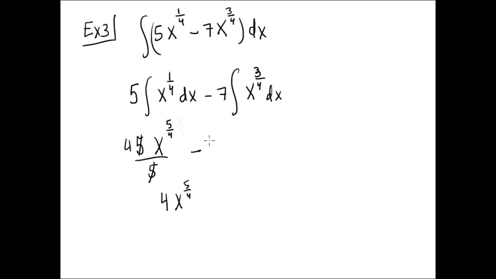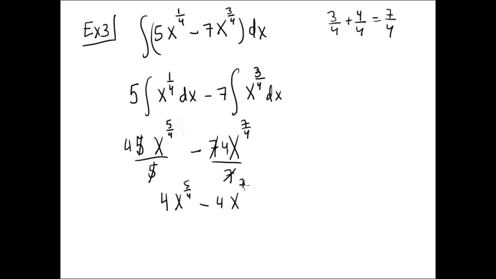Let's do the second. Minus 7 x to the 3 over 4 plus 1. And 1 is 4 over 4. So 7 over 4. The exponent is 7 over 4, divided by 7 over 4, the reciprocal is 4 over 7. And again, 7 is cancelled, it's minus 4 x to the 7 over 4.